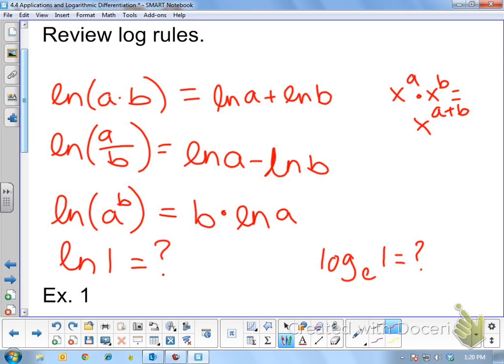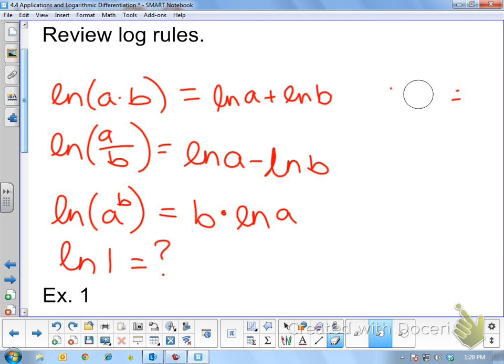Do you guys remember how to rewrite this as an exponential? E to the question mark equals 1. So what would the question mark have to be to make a 1? 0. So natural log of 1 is 0.